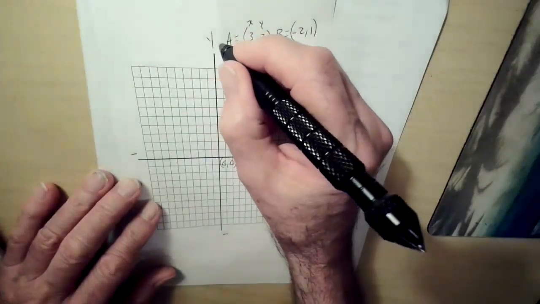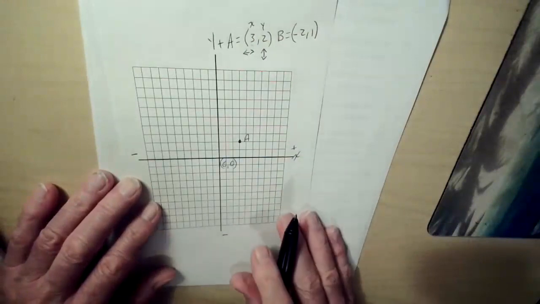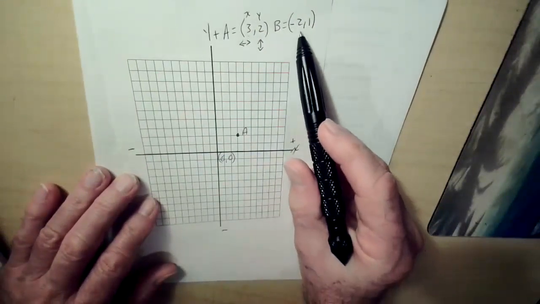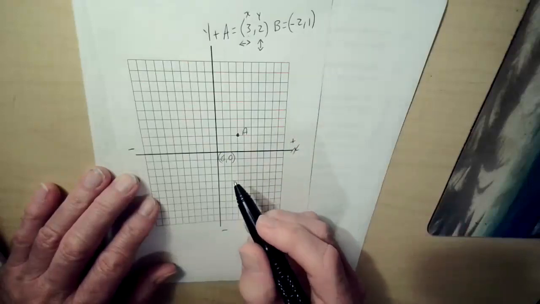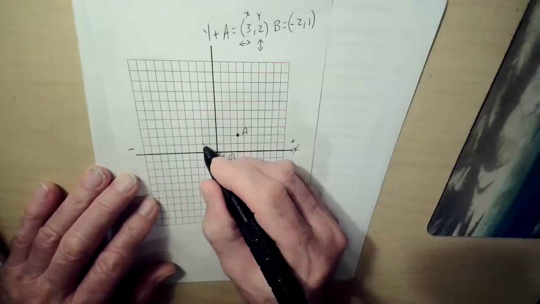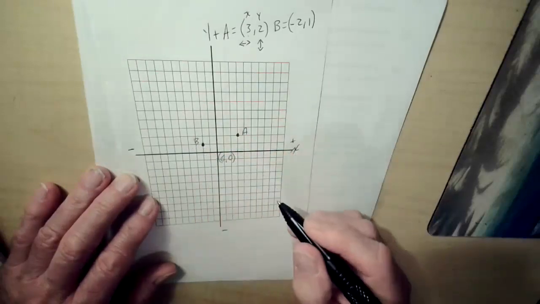Negative numbers, positive. Up is positive, and down is negative. So if we go negative 2, 1, remember the first number goes left or right. So we go 1, 2 to the left and up 1, and we call that B.